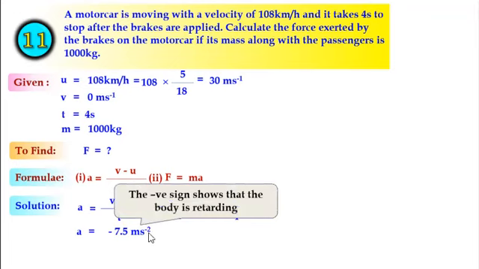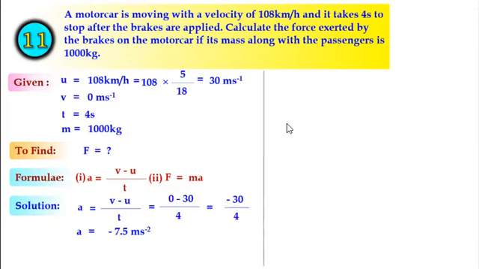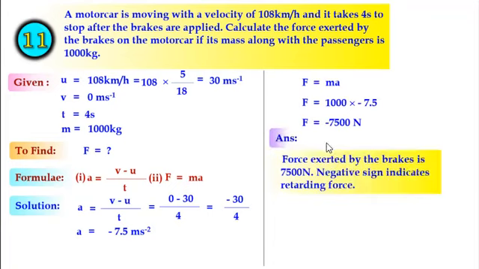Negative sign shows that the body is retarding. Then F is equal to MA. Substitute the values of acceleration and mass. You'll get the answer as 7,500 newtons and negative sign. It means the force exerted by the brakes is 7,500 newtons and negative sign indicates the retarding force, means opposite force. Is it clear?